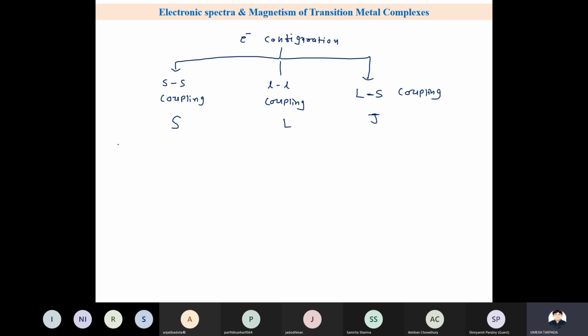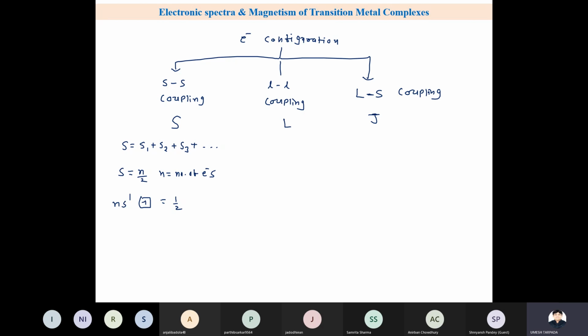SS coupling is simply the summation of all the possible spin values. You get the S value by multiplying the number of electrons n with 1 by 2, that is n by 2, where n is the number of electrons. If you have an ns1 configuration, then 1 electron is there, so its spin value is 1 by 2 for up spin.